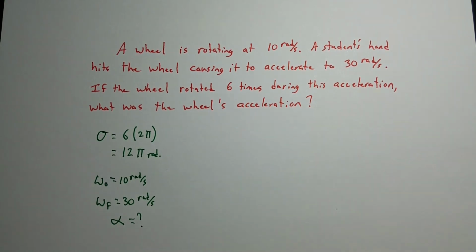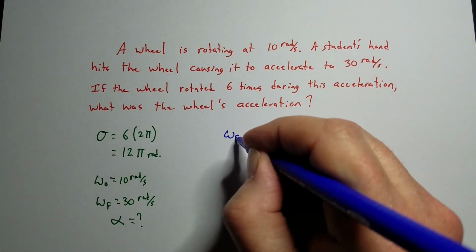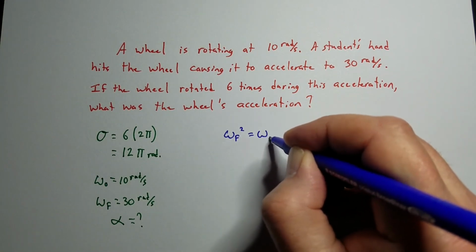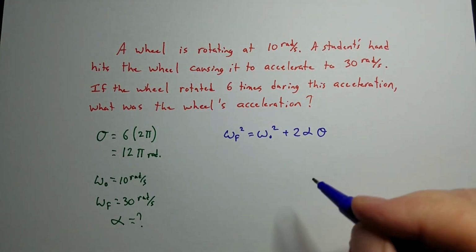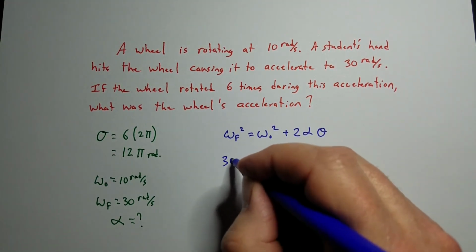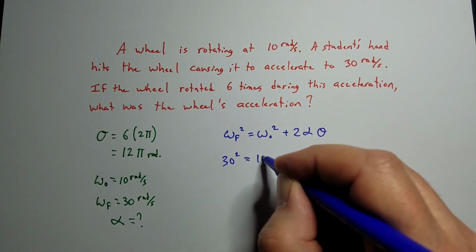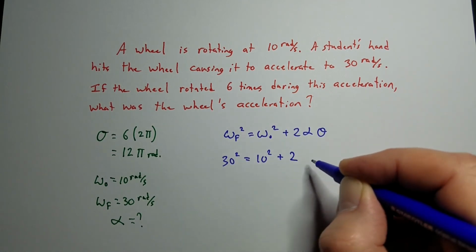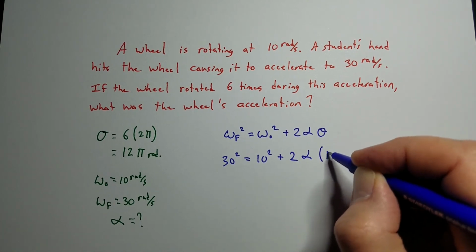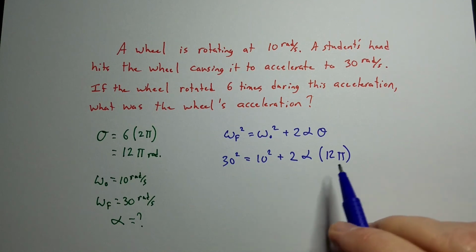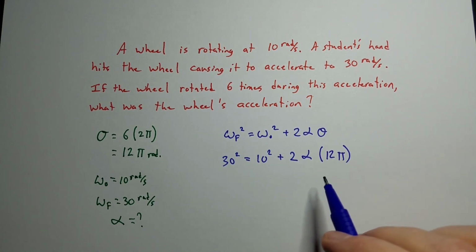So in this case, I'm going to use this equation: omega f squared equals omega o squared plus 2 alpha theta. So 30 squared equals 10 squared plus 2 times alpha, which we don't know, times theta, which is 12 pi. And I'm going to multiply that out and get it into a number.